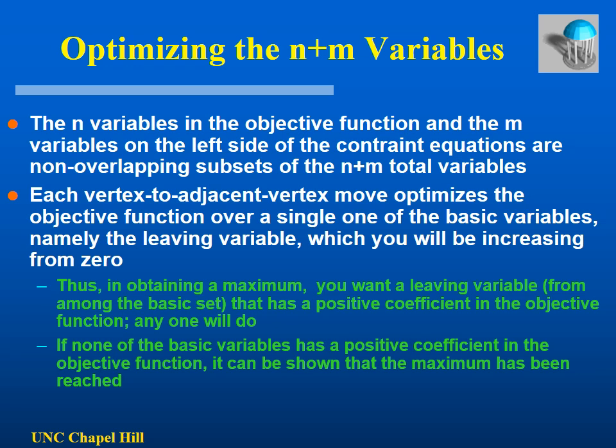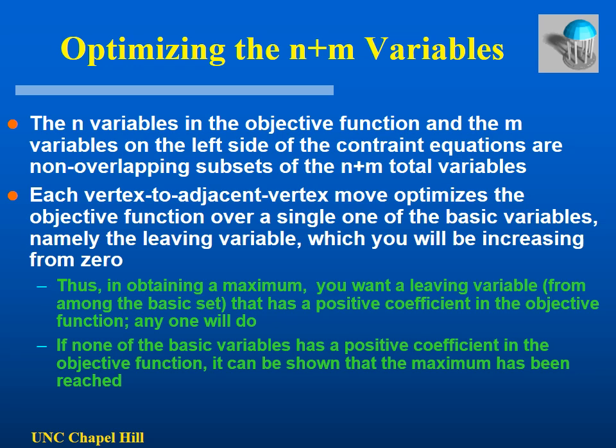If the weight were negative or 0, you would respectively be decreasing the objective function by moving along that edge. So you don't want to do that. And so we look at the objective function and find which of the coefficients are positive and choose one. It's possible to choose the largest one, but in fact any one will do. That one is now our leaving variable.